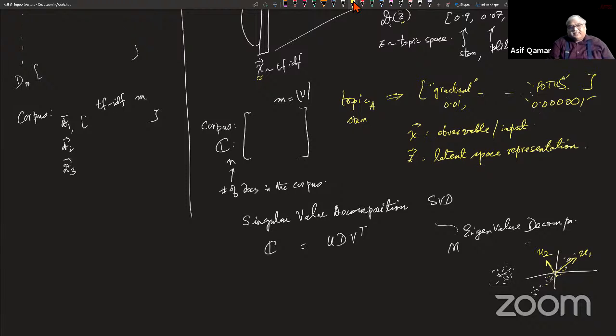And so what happens is that they give you the inner content, this D, and these singular vectors, of which a U matrix would be made out of singular vectors U1 to UK, let's say K is the number of topics, if you just keep K components. This matrix U is made up of singular vectors, and these vectors are essentially your topics.